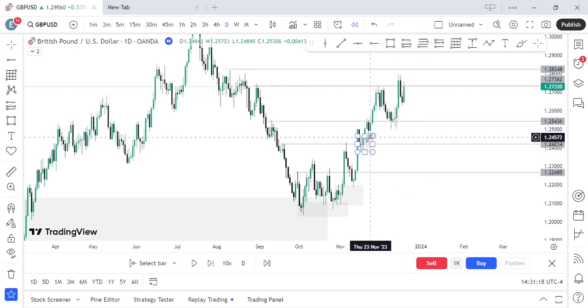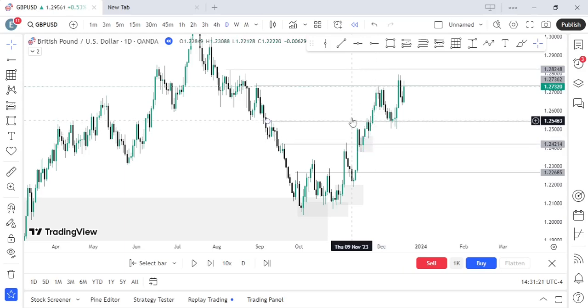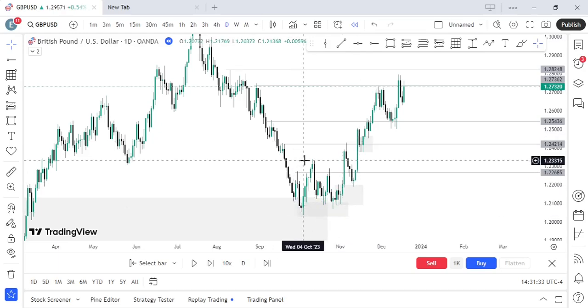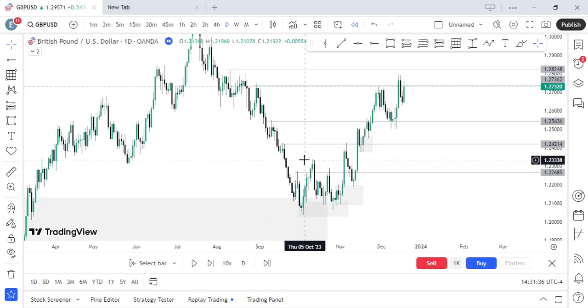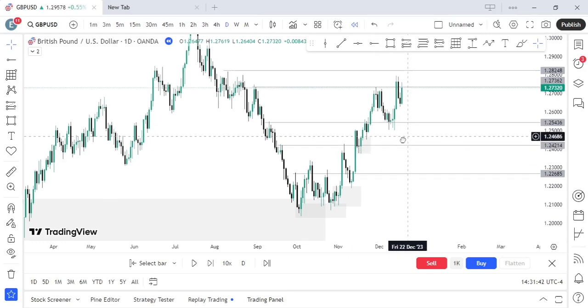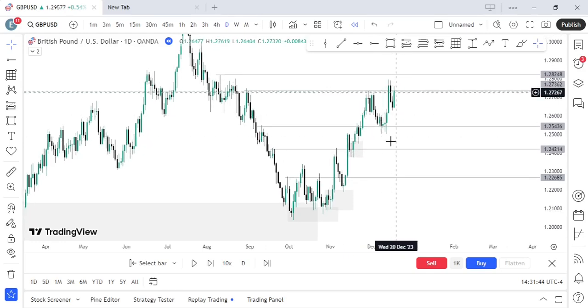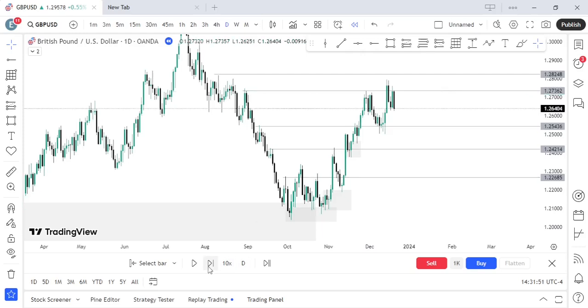So when price taps into your order block and price has broken the external liquidity, now this is the external liquidity. This right here is the external liquidity for this order block, and this is the external liquidity for this order block. So when price goes above the external liquidity, I always advise you set a trailing stop because you never know, right? Price could come back into your order block and tap you out. Okay, now let's see how price goes.